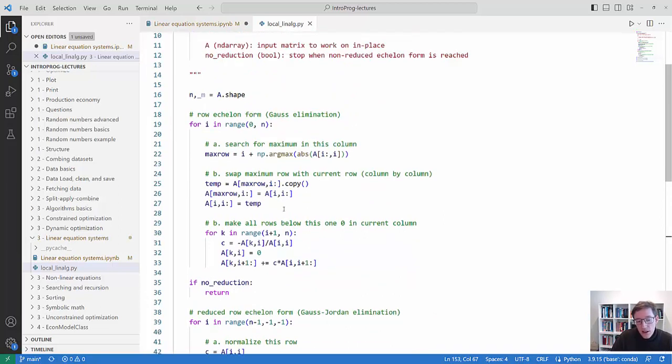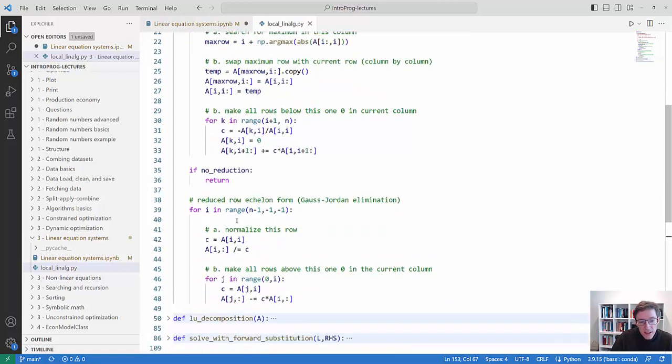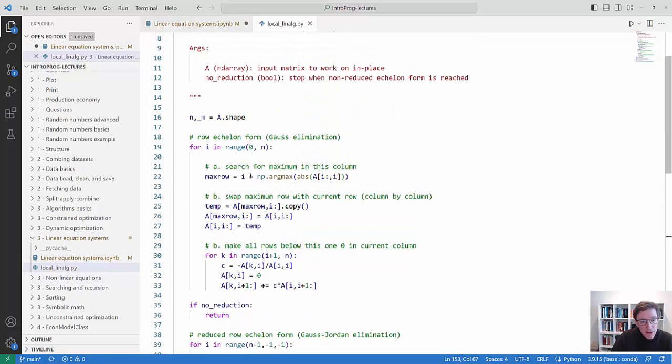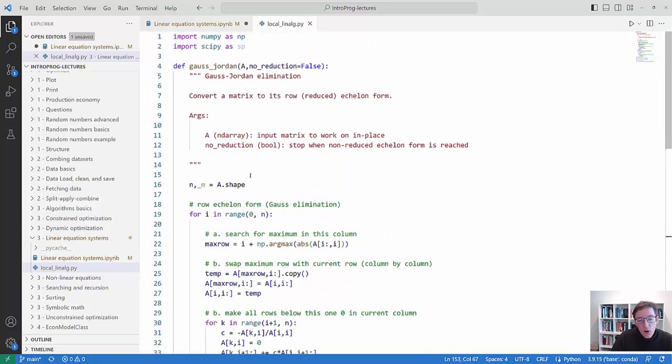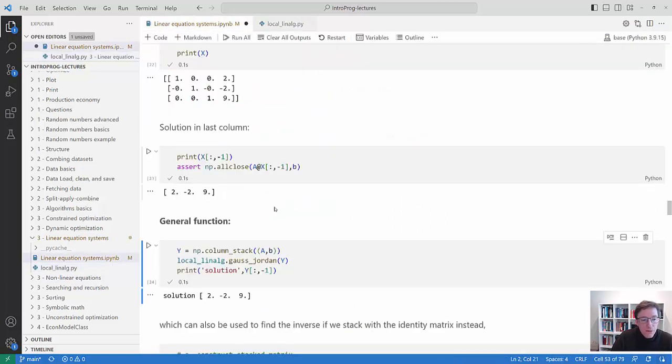If you're interested, you can look up what's actually going on inside here, and it's just an optimized way of doing what I've done manually before. There's a specific order you do operations in, and then that works.